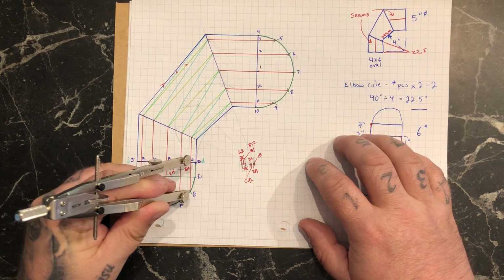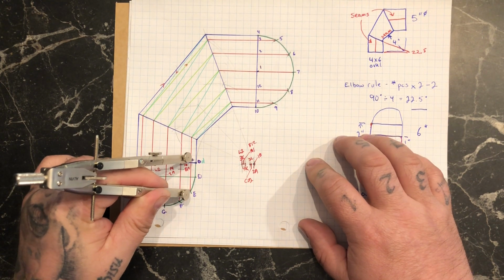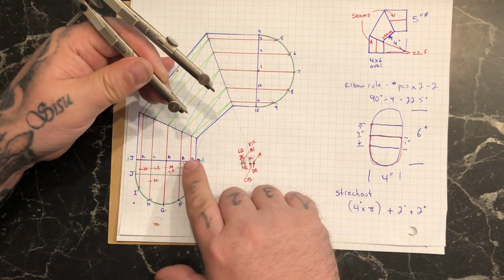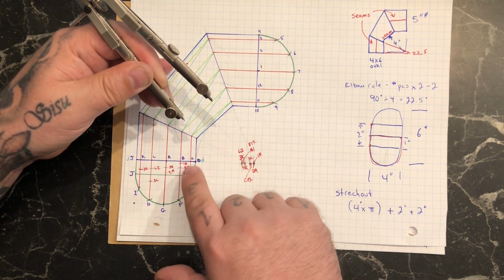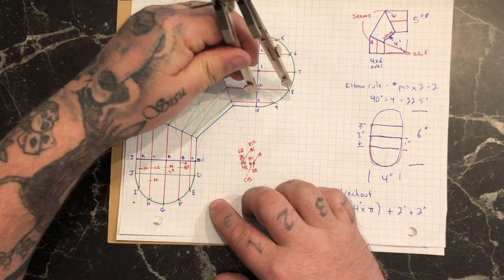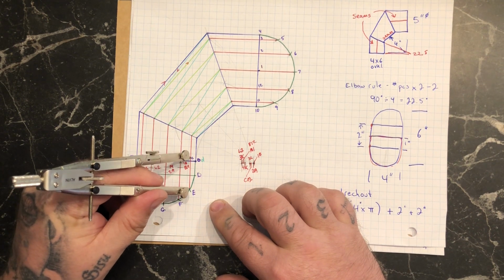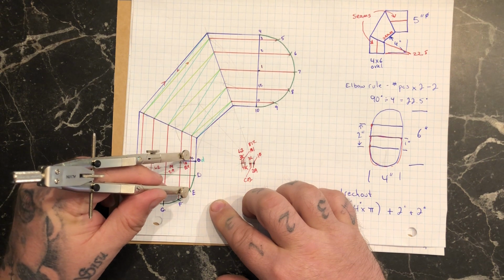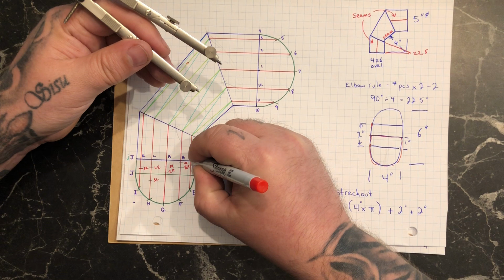Take that off of C. Now this one here, I end up going above the baseline a little bit. It doesn't really matter as long as I take a measurement 90 degrees to that point, and there is a 90-degree line above and below. So this profile ends up being a little bit smaller or bigger than this one. As long as I'm using that hypotenuse off of there, it still is fine. So that one there is there. So C12.